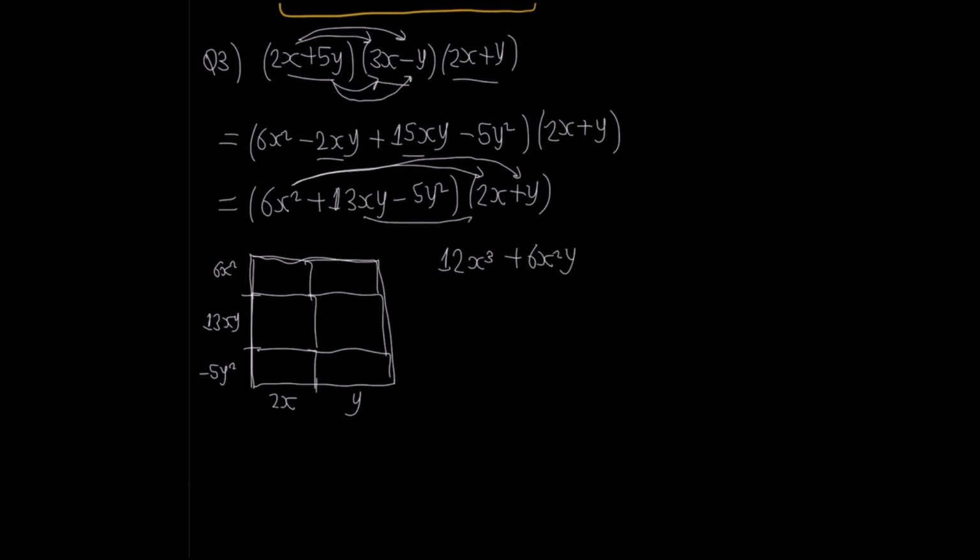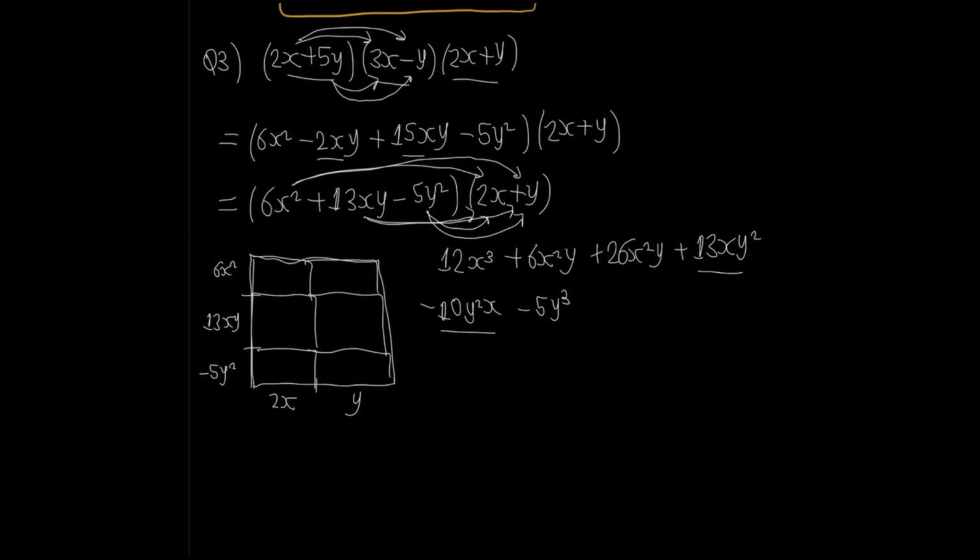And then we can do this combination, which is 26x squared, apologies, 26x squared y, and 13xy squared, and then the last two terms we have minus 5y squared times 2x, which is minus 10y squared x, and then we have minus 5y squared times y, which is minus 5y cubed.